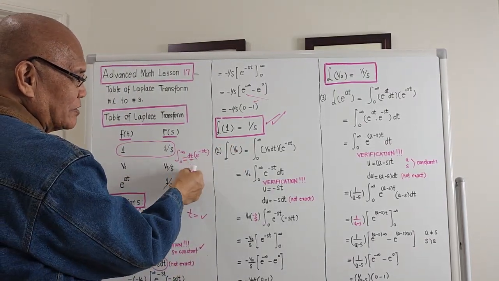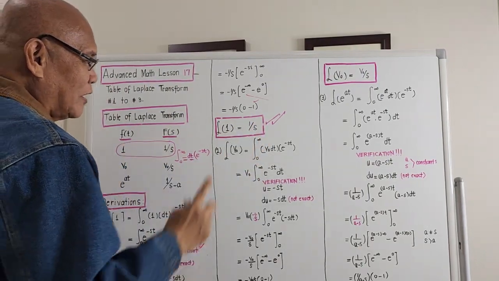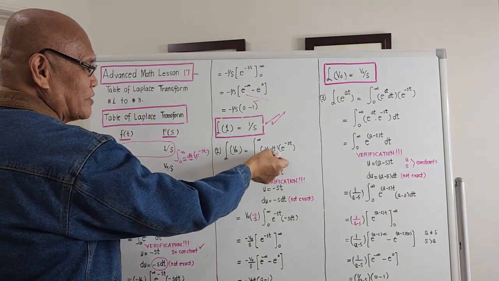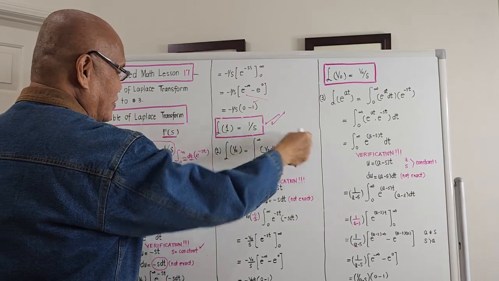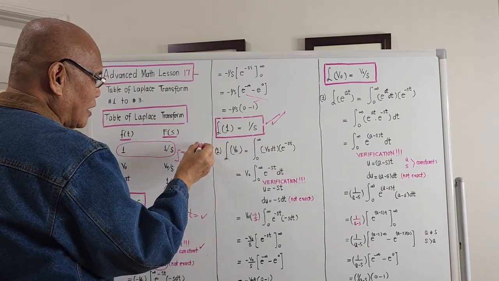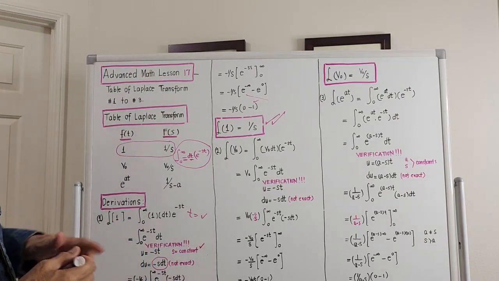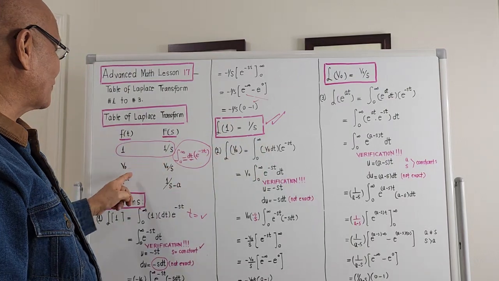The Laplace transform of V sub 0 should be equal to the same. How will we follow this? The integral from 0 to infinity. What is the given function of t? It is V sub 0 times e raised to minus st dt. This is the standard formula for taking the Laplace transform. Okay? We just replace the original 1 by V sub 0 because we are now under formula number 2.